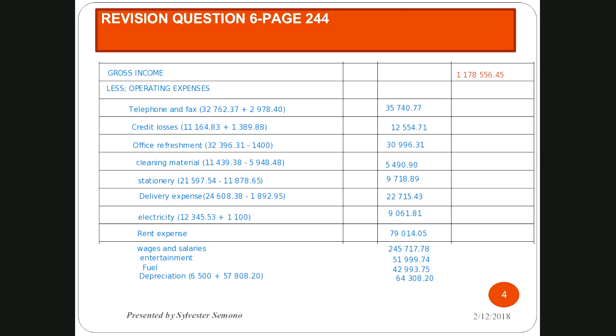So if you say 57808 plus 68277.15, the amount is 126 all in all. 126,085, if I'm not mistaken. So meaning this amount is wrong, this one.